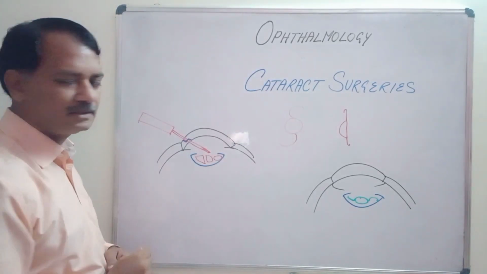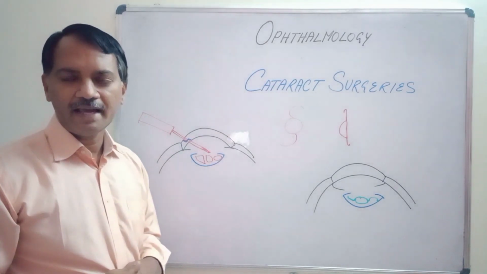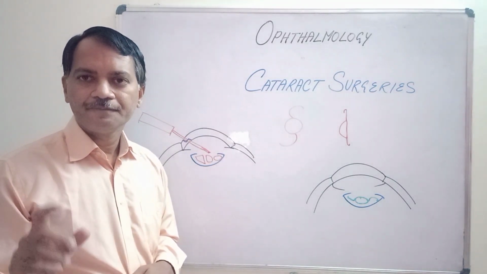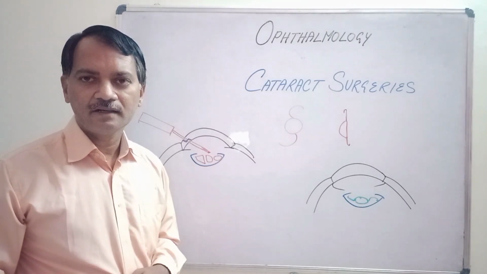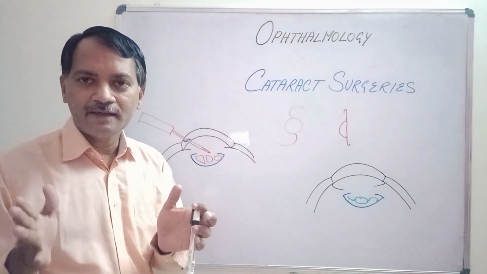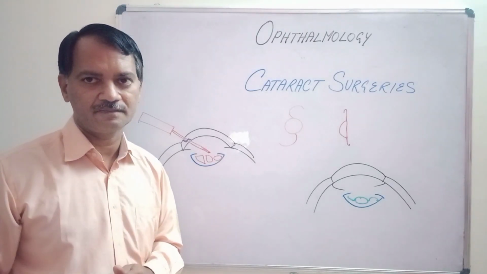After removing this, we have to place the intraocular lens. I said that in small incision cataract surgeries, we can place a full size intraocular lens through a 7 mm incision.